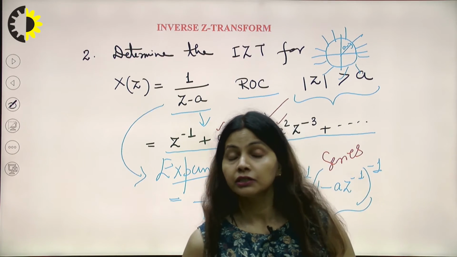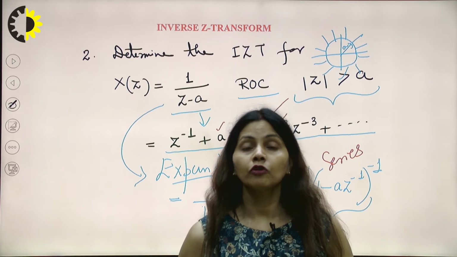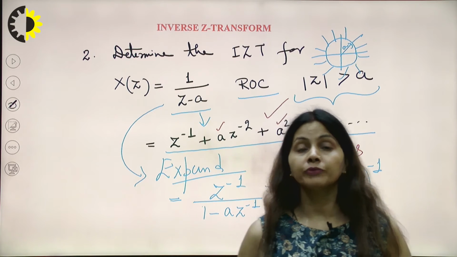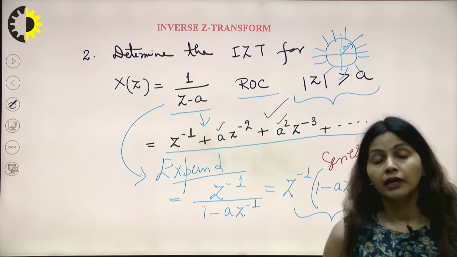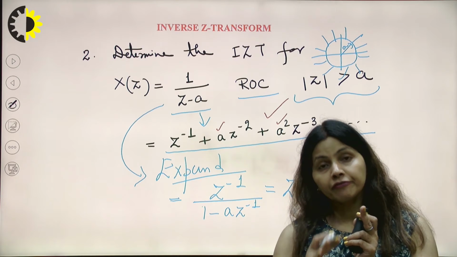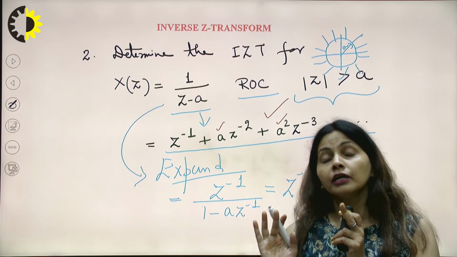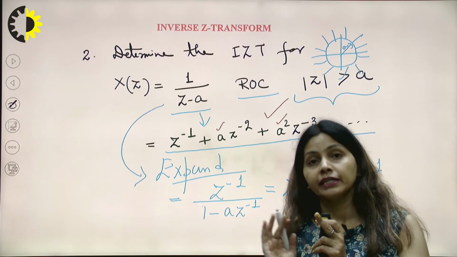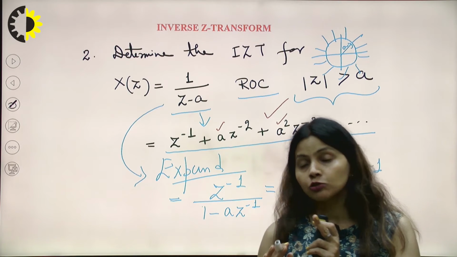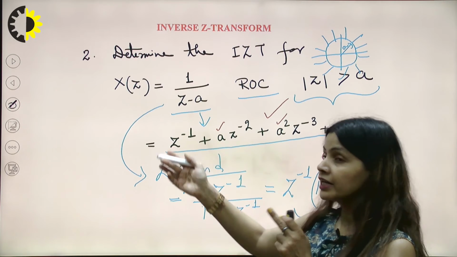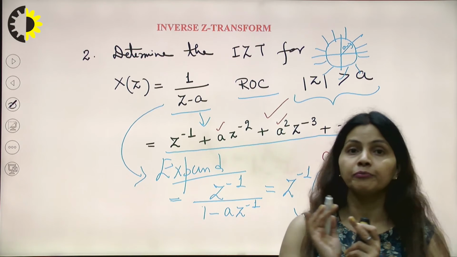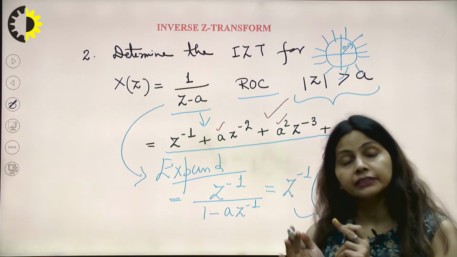The ROC simply represents the system for which I am taking the Z transform, that is causal. If it is causal, then it should be defined only for the negative power values of z. And after expanding, we have all the negative powers of z, and that is the advantage.